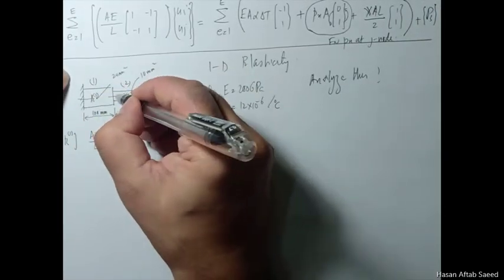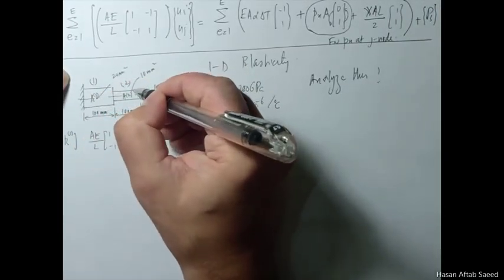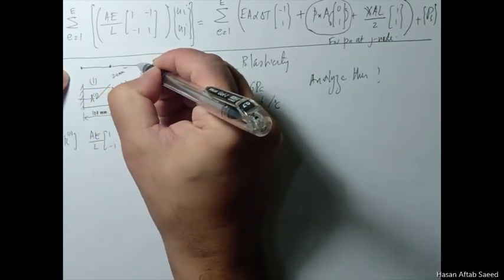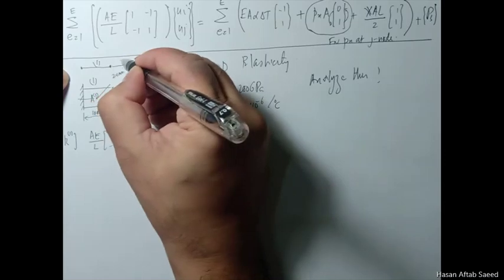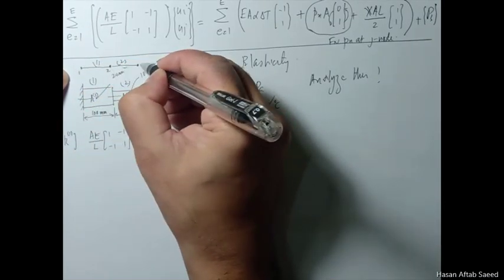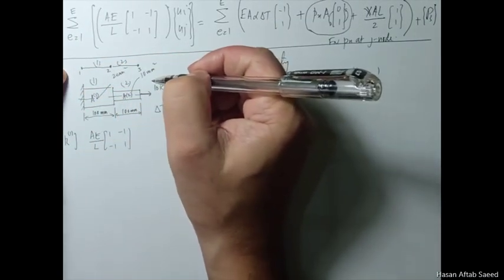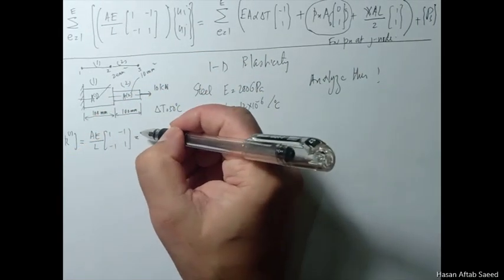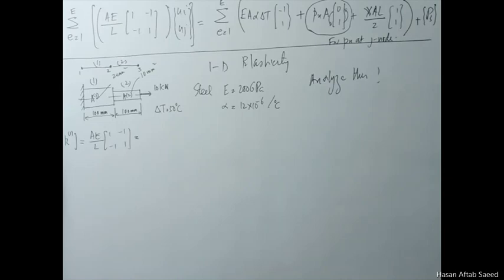And because there are two cross sections, our system will be something like this. We just need two elements, 1 and 2, and the nodes 1, 2 and 3. So for the first element, AE over L, we have to use the values.